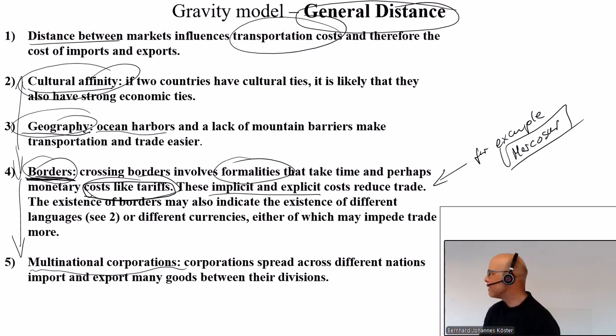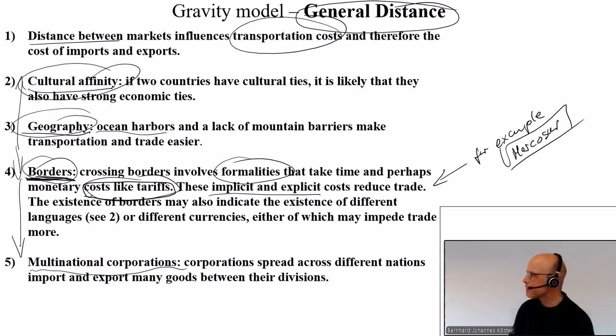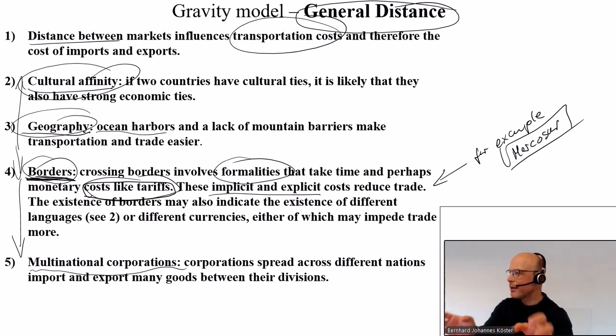Of course, this reasoning is not very relevant if the corporations are quite small, because we are here talking about the overall trade relations. But in general, these multinational corporations are quite large.